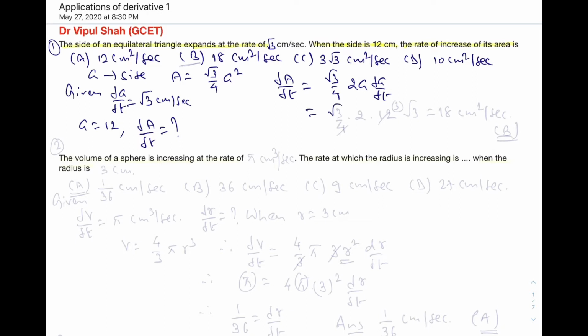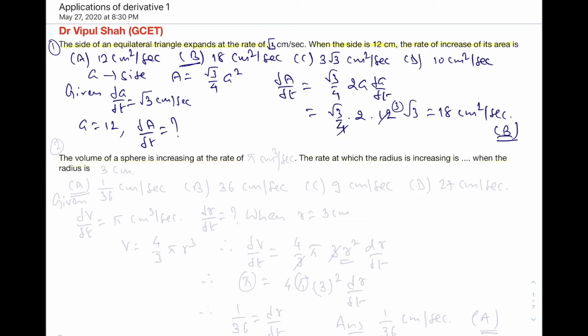So √3/4, then this is 2, this is 12, and dA by dt is √3, and so this is nothing but, this is 3, so 3 and √3, so 3, 6, 9 and 2, so 18 centimeter square per second, and so answer is option B. Okay, understood?